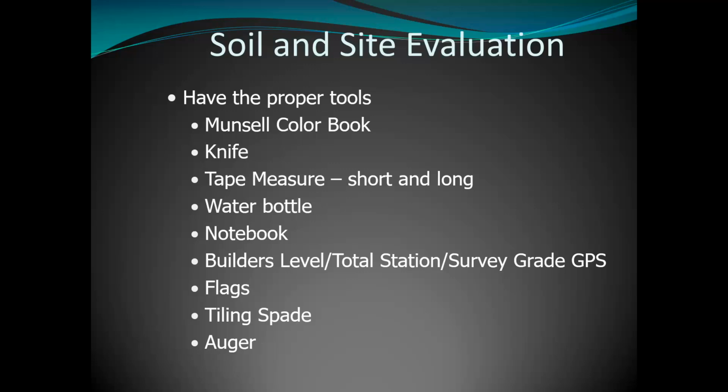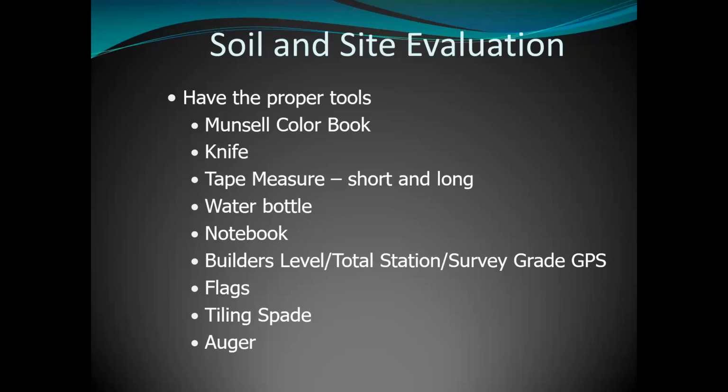And then some kind of surveying equipment. You'll need either a builder's level, laser level, or some people now are going to a total station or survey grade GPS. They just go out there and it gathers the data for them, and they go back to the office and the computer will generate a map of where they were. But you will need some kind of level out there, or something to take elevations so that you can locate where you are.